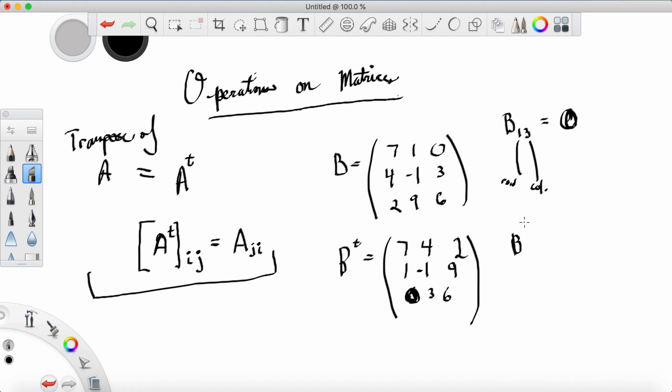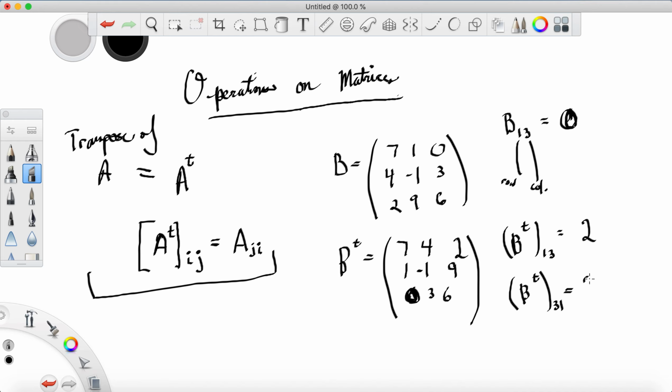If I look at B transpose (1,3), that's going to be 2. And if I look at B transpose (3,1), that's going to go down to the third row and first column.